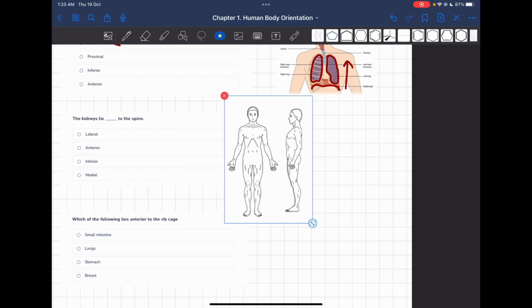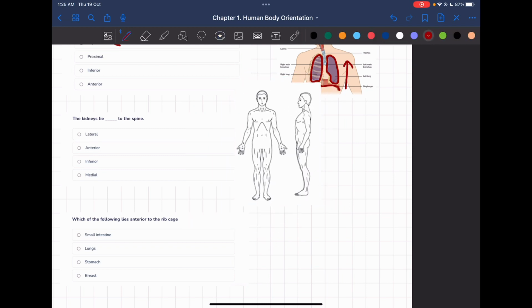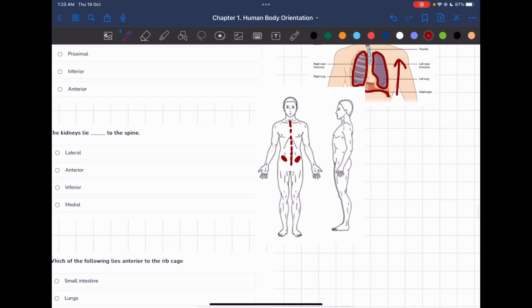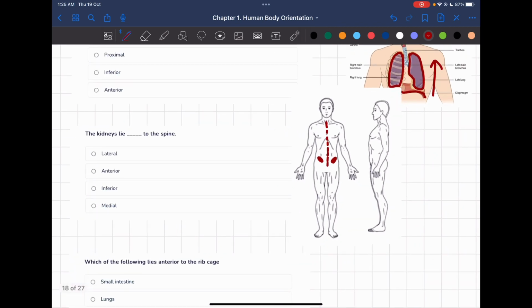Let me get my friend again. Where are the kidneys? The kidneys, roughly, they're here. Not sure about that. And here is your spine. Okay, so the kidneys lie blank to the spine. Do they lie lateral, away from the midline?